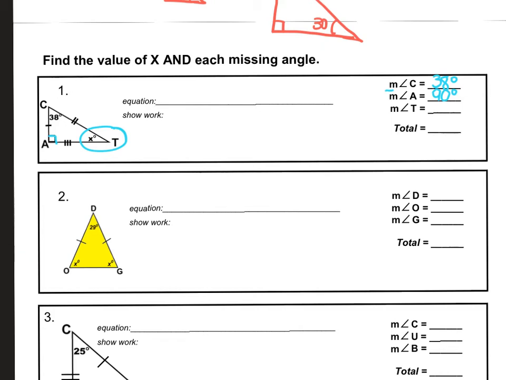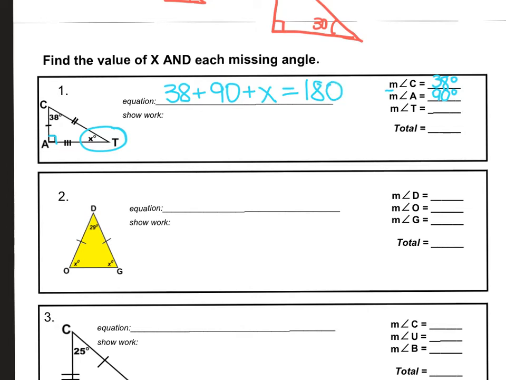So we're going to write an equation for this, and remember our equation is similar to what we did on the first page, where you add up all 3 angles and they should equal 180. So we're going to add up the 38 plus the 90 plus the x, because we don't know what that angle is, but we know that it should total 180 degrees.